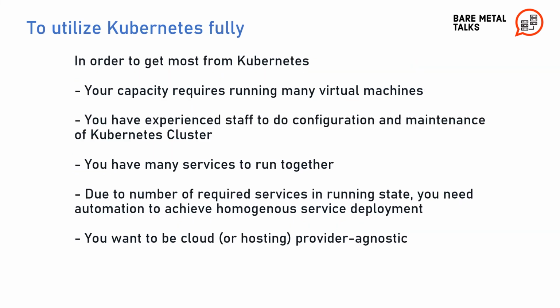In order to get the most from Kubernetes, your capacity requires running many virtual machines. You have experienced staff to do configuration and maintenance of the Kubernetes cluster. You have many services to run together. Due to the number of required services in running state, you need automation to achieve homogeneous service deployment. You want to be cloud or hosting provider agnostic.